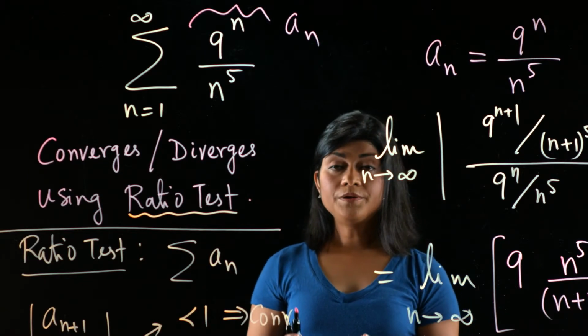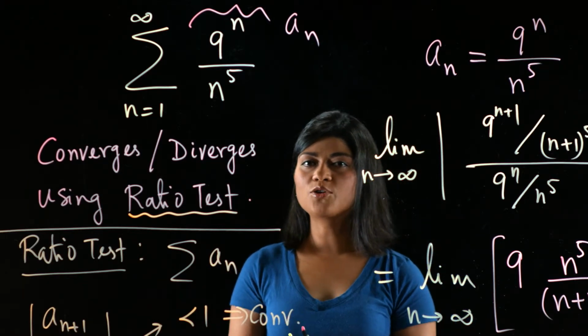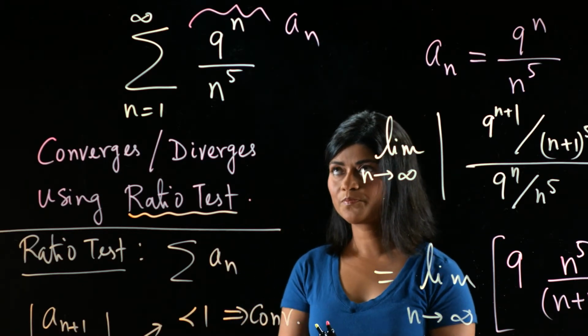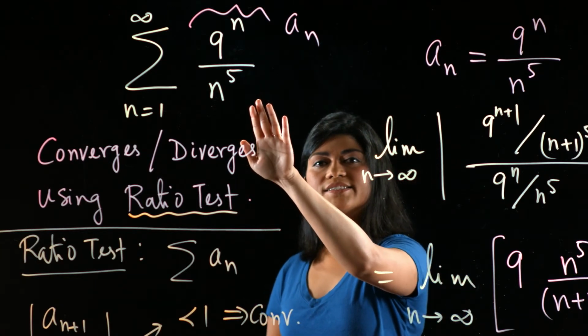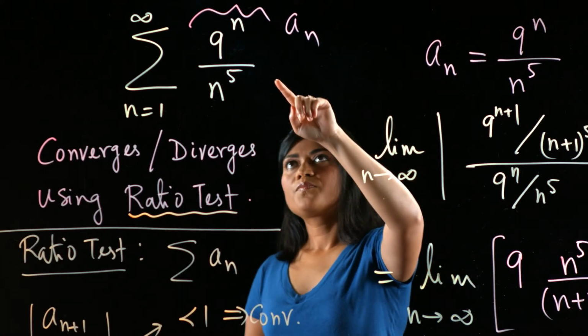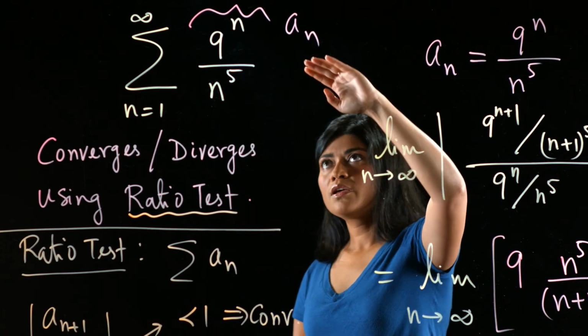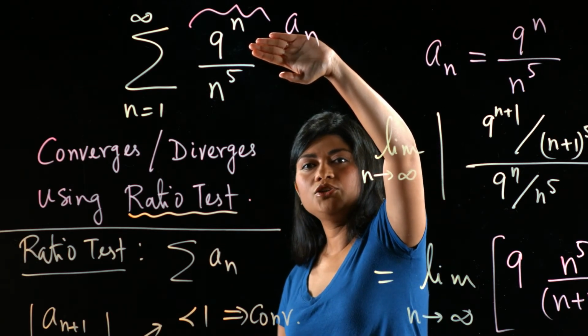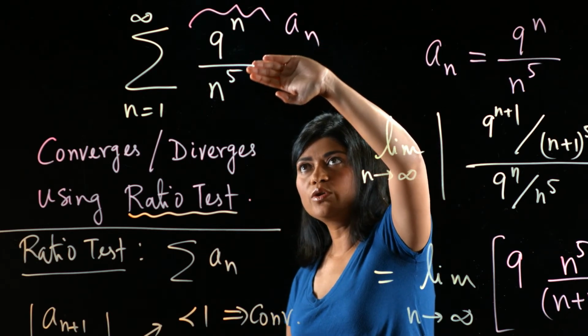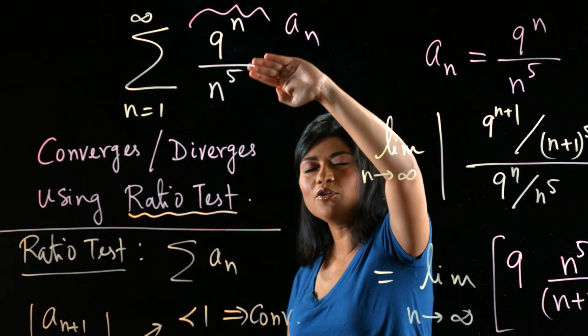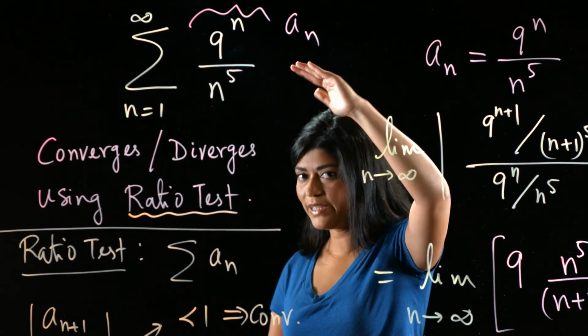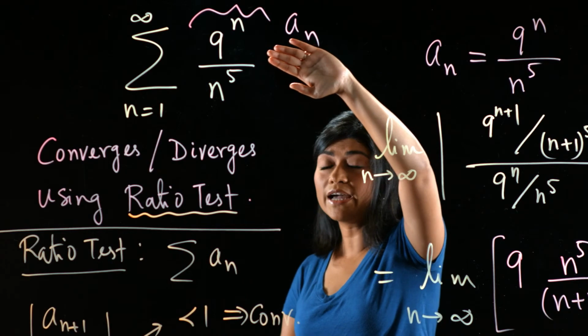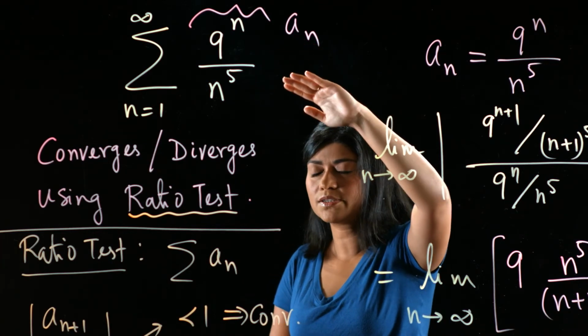So, before I finish, let me make one quick comment, and this is very important. Now, look at the series itself. If you ignore the 9 to the n and just look at the denominator, it is 1 over n to the 5, which is a p series, right? So, if the 9 to the n weren't there, this would be a p series.